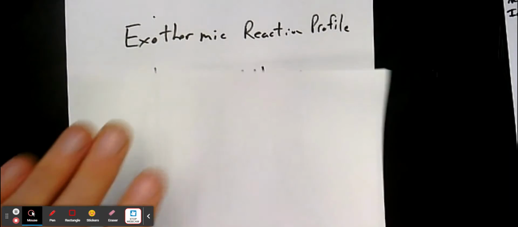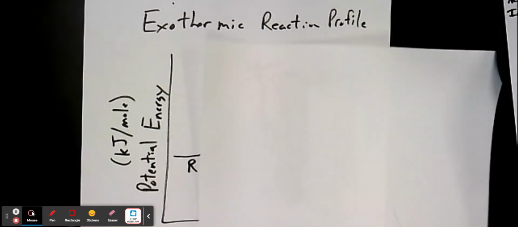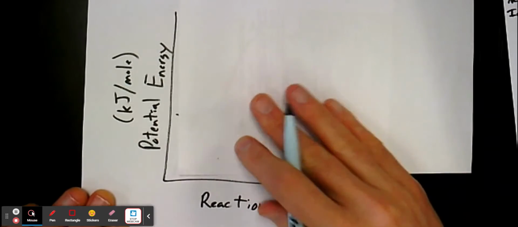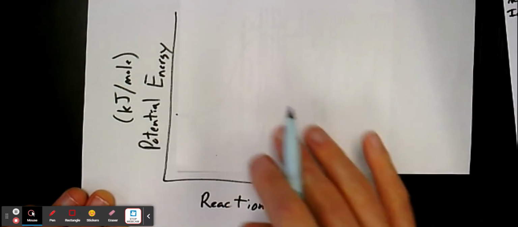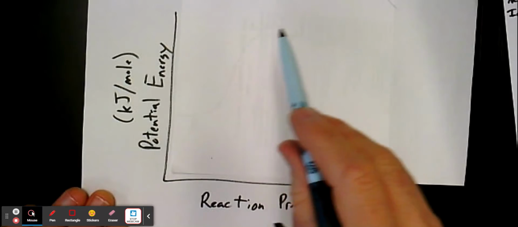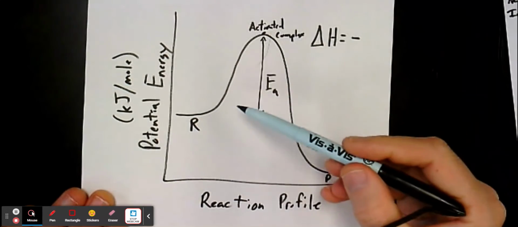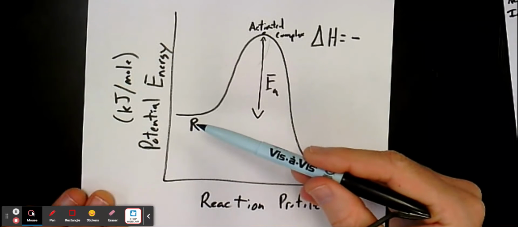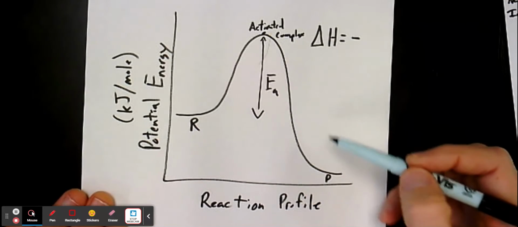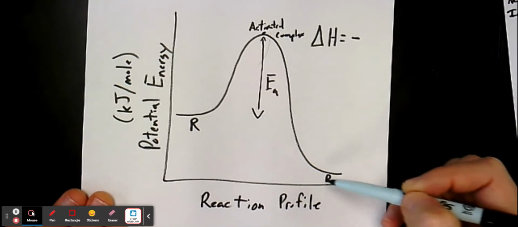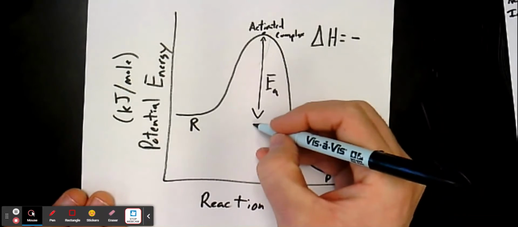So an exothermic reaction profile, you got your potential energy, that's going to be measured in kilojoules per mole. You got my reaction coordinate, and it's going to go up and then back down, much like this. And my reactants start here. They've got a certain amount, but my products have less because of this distance.